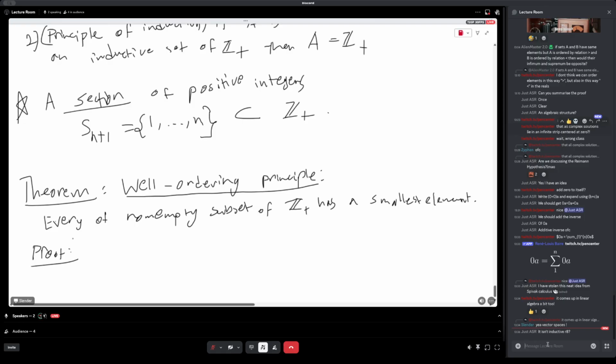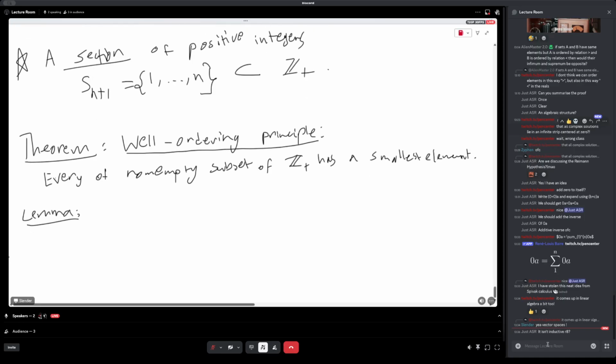Before proving this, I think we need a lemma first to help us. So firstly we have the lemma. It says that we pick a subset A of Z plus, and we pick an element, let's call it n, and this subset is non-empty.